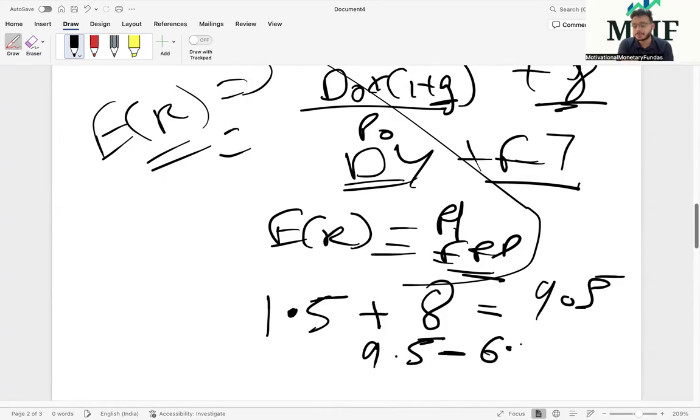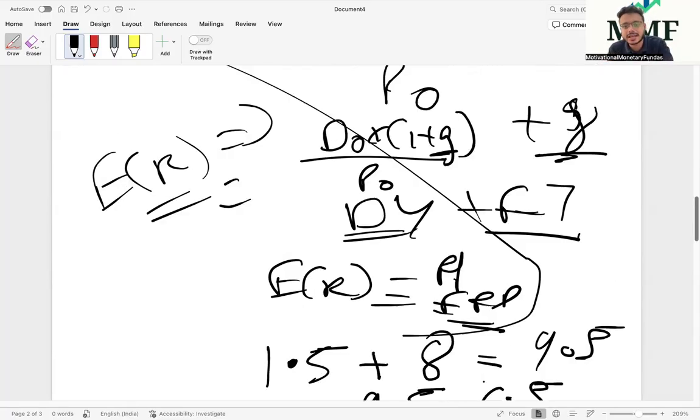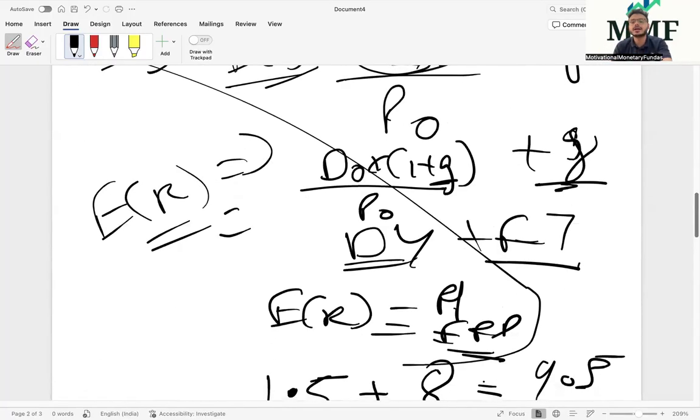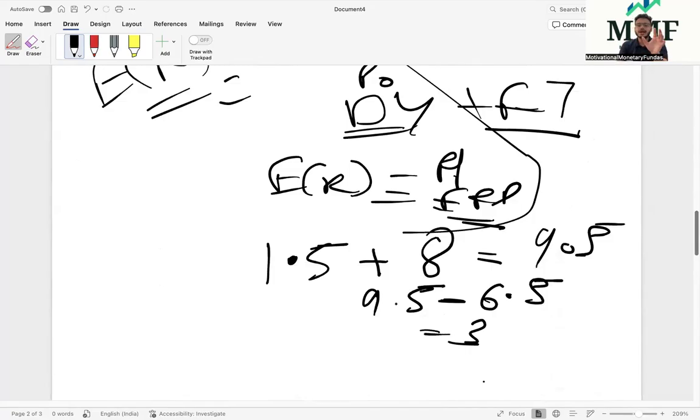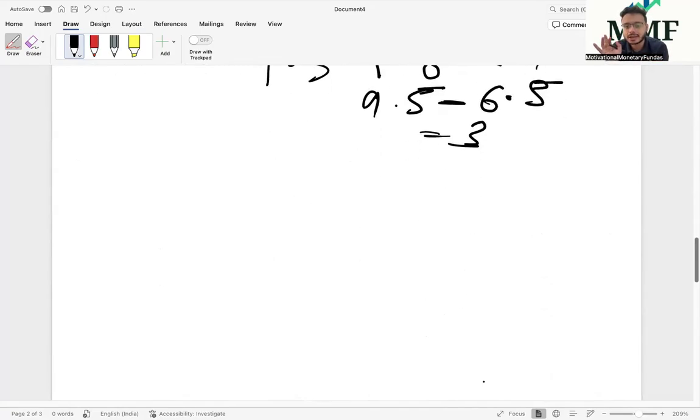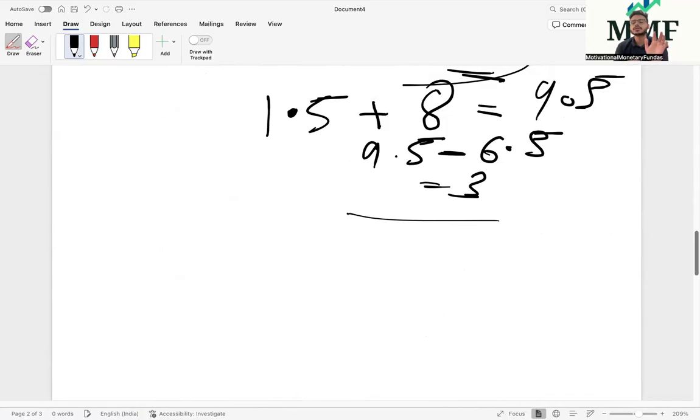I subtract 6.5% out of that because that is my risk-free rate. I need to subtract that to get my equity risk premium. Right? I get 3. So 3 comes out to be my equity risk premium. So that number I can just take directly and plug it in and multiply it with beta. The whole bracket number I now have, 3%.